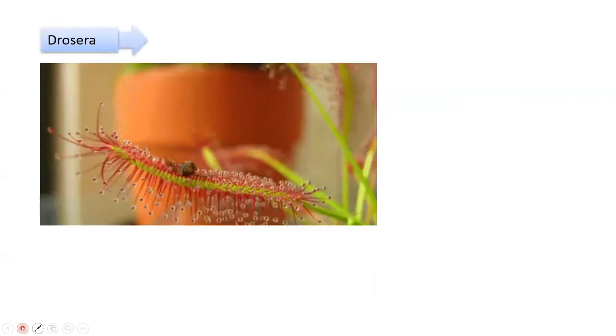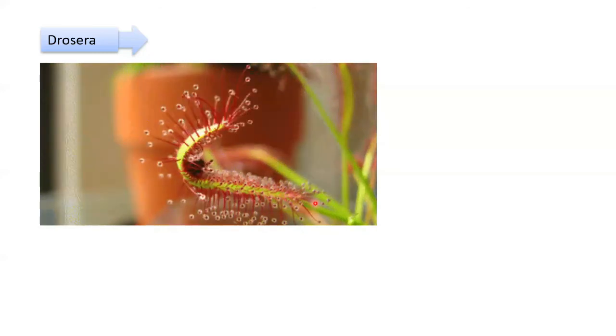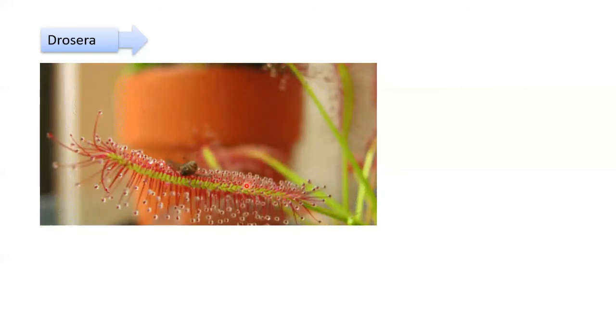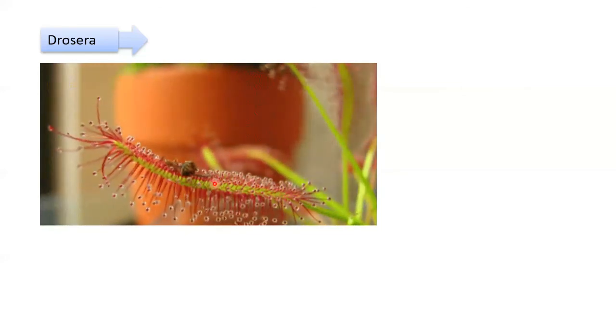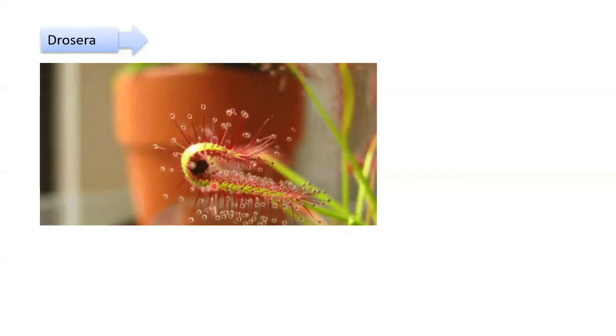Okay, let's talk about another one, Drosera. So Drosera is a carnivorous plant, and it responds on receiving a touch stimulus, that is, the presence of some insect on its leaflet, which is very sticky.